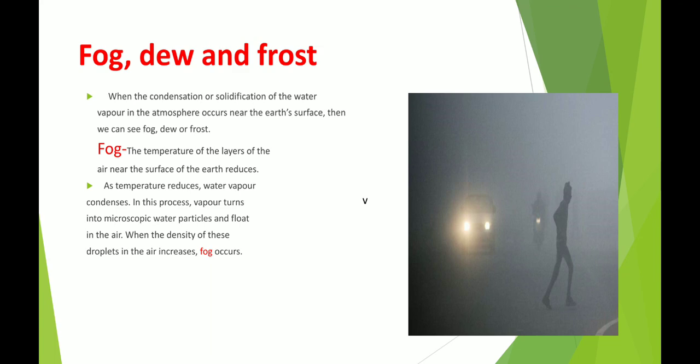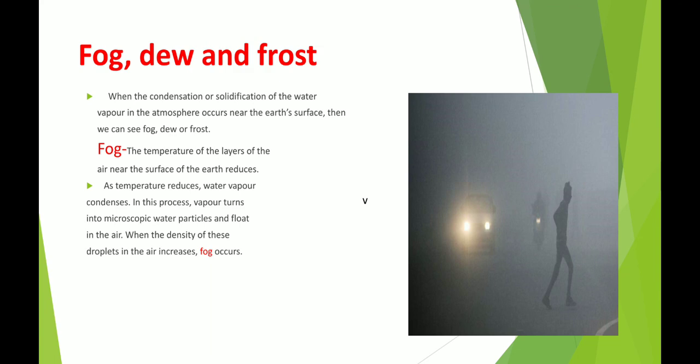Here the temperature of the layers of air near the surface of the earth reduces, and as temperature reduces, water vapors condense. During the winter season, the temperature of the air near the surface reduces, and water vapors turn into small water droplets. In this process, vapors turn into very small microscopic water particles and float in the air.